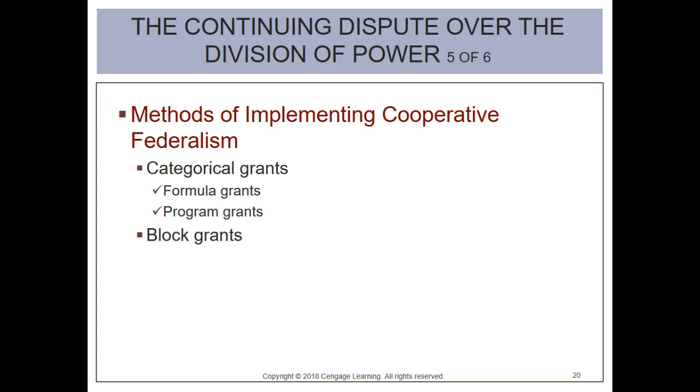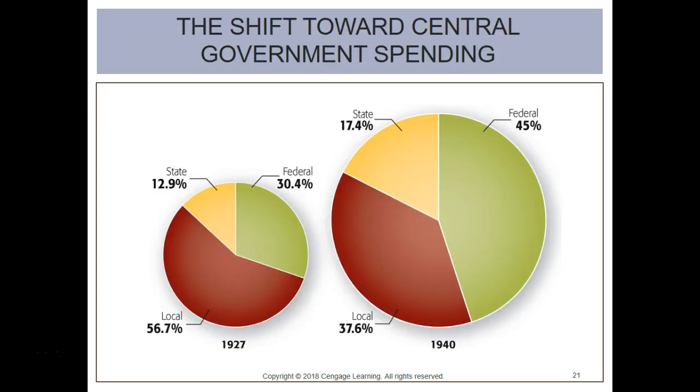And block grants are a little less specific, and they are applicable to whatever different category you want to put them under. The book gives you examples of criminal justice or mental health programs. So basically, categorical grants are specific and block grants are general.